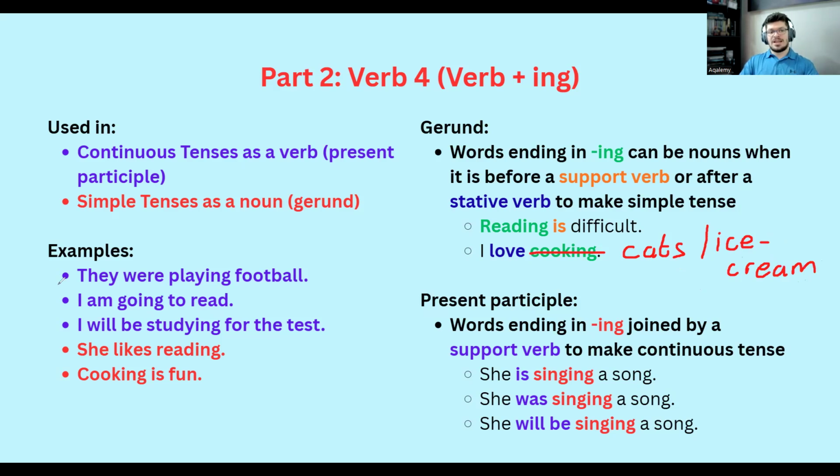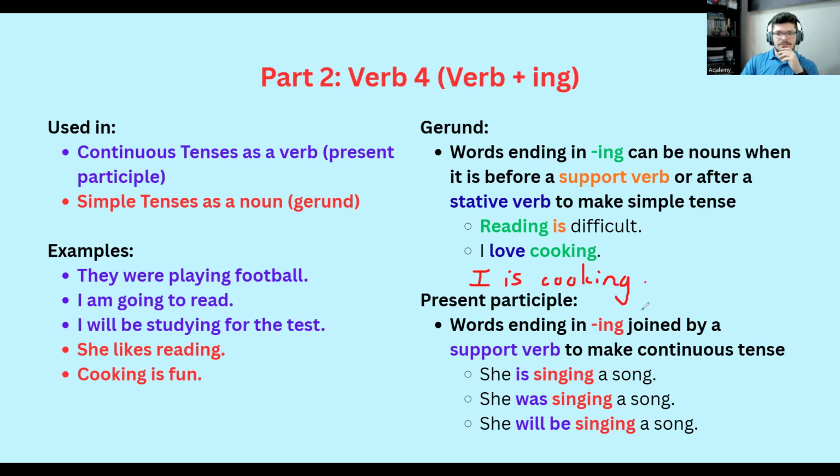So if we look at the other option, like is, was, will be, this one makes continuous tense. Love does not make continuous tense. We can test. Maybe you want to prove I is cooking. It's wrong. We can't say I is cooking. It does not make sense. Okay.